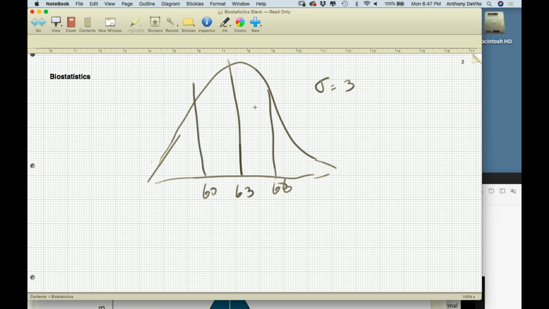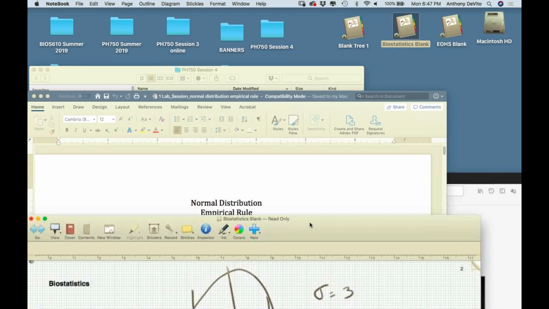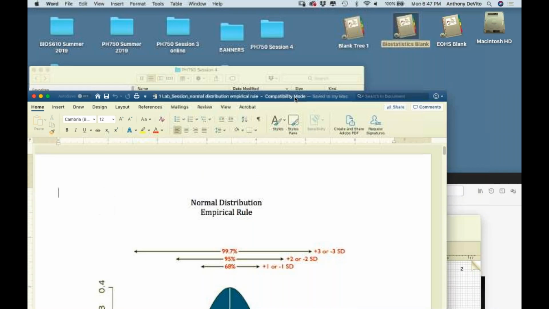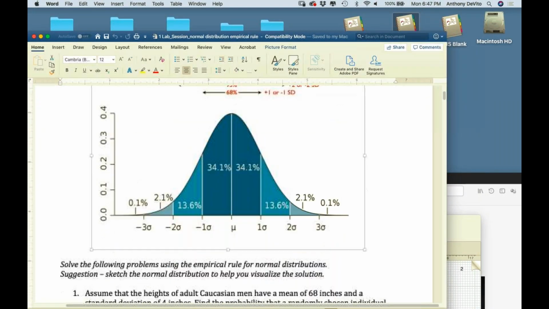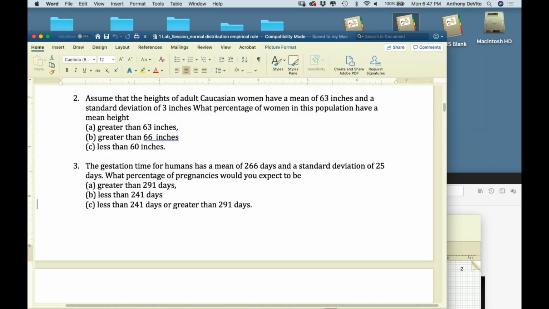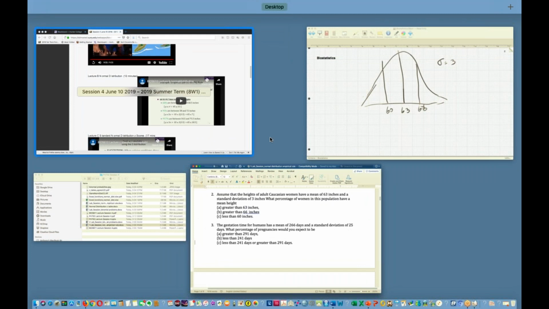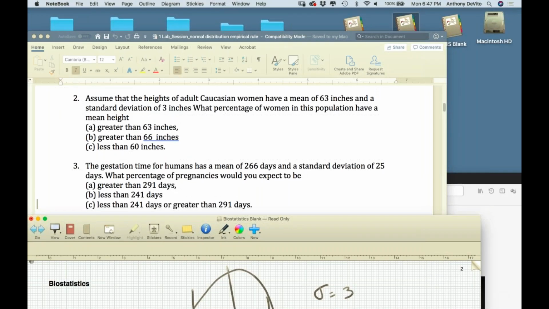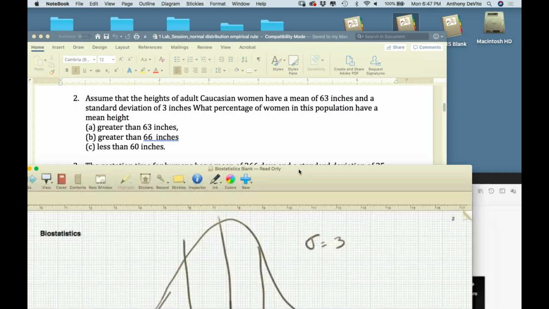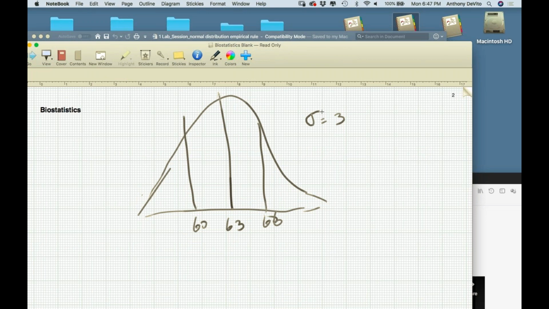So if I'm interested in the second part of this, what percentage of women in the population have a height greater than 66 inches? If that's what I'm interested in, then I'm interested in the proportion of the women that are in this area here above 66 inches.